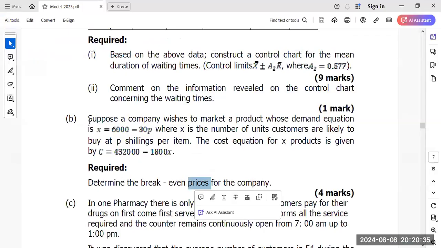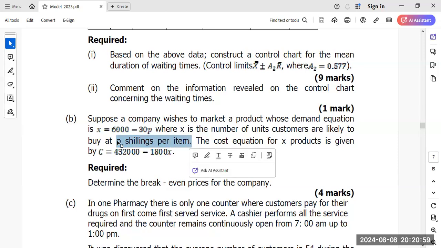They are telling us that suppose a company wishes to market a product whose demand equation is X is equal to 6,000 minus 30p, where X is the number of units customers are likely to buy at P shillings per item. So that is the selling price.